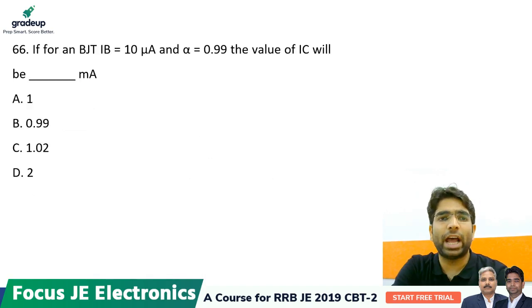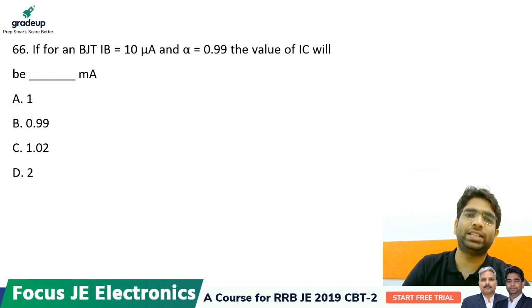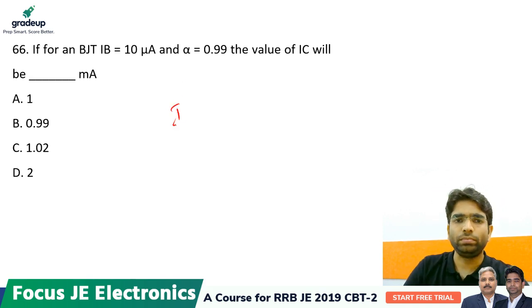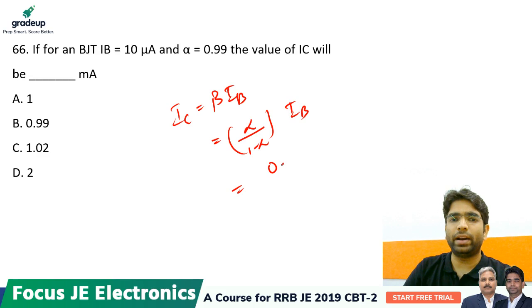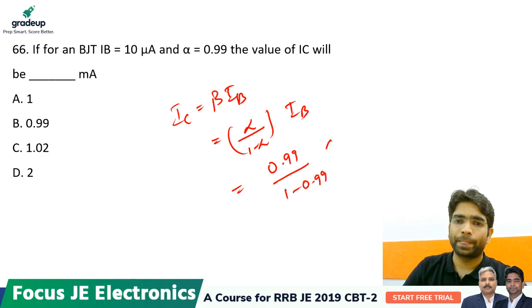For a BJT, IB is 10 microamperes, alpha is 0.99. Then the value of IC will be, what is IC? IC equals beta IB. What is beta? Beta is alpha upon 1 minus alpha, into IB. Alpha is 0.99 by 1 minus 0.99, into IB, which is given as 10 microamperes.